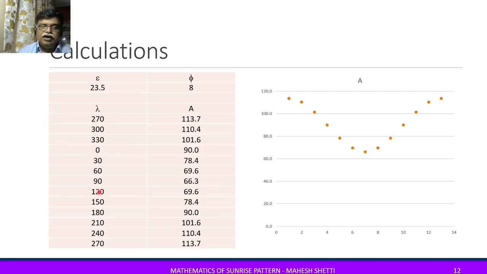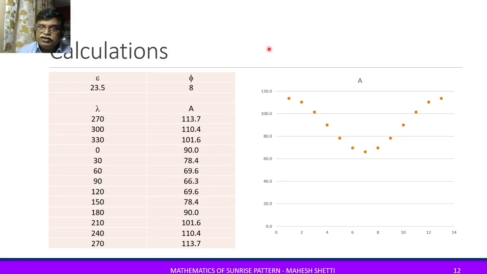When λ is 90 degrees, that is the summer solstice, the azimuth value is minimum. That means the sun rises at the northernmost point from east. Therefore the angle measured from exact north is smallest, and we can plot that graph, and you can see that it is a nice sinusoidal curve.